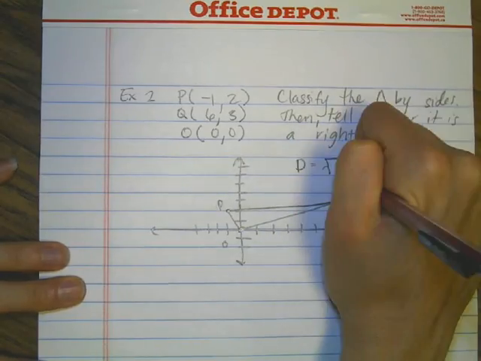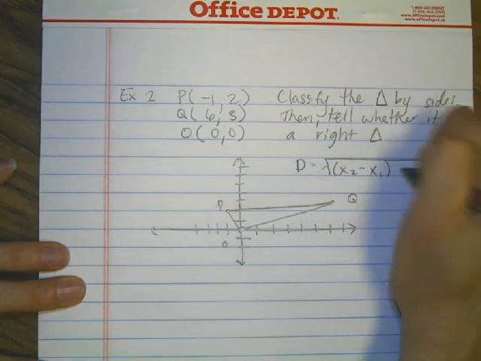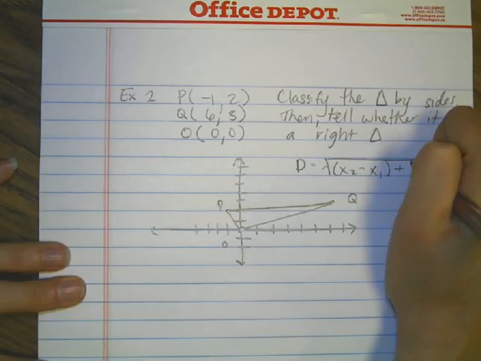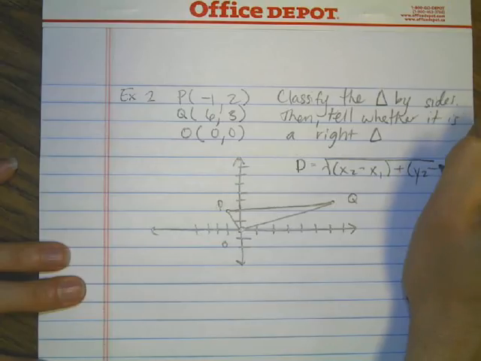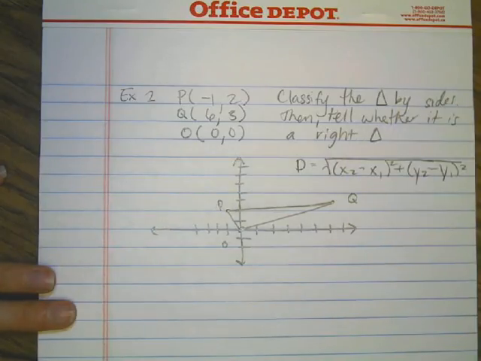And then the last one I'm going to find is O and P. So I say square root of 0 minus negative 1 squared plus 0 minus 2 squared, which gives me 1 squared plus negative 2 squared, so that's square root of 1 plus 4, square root of 5.